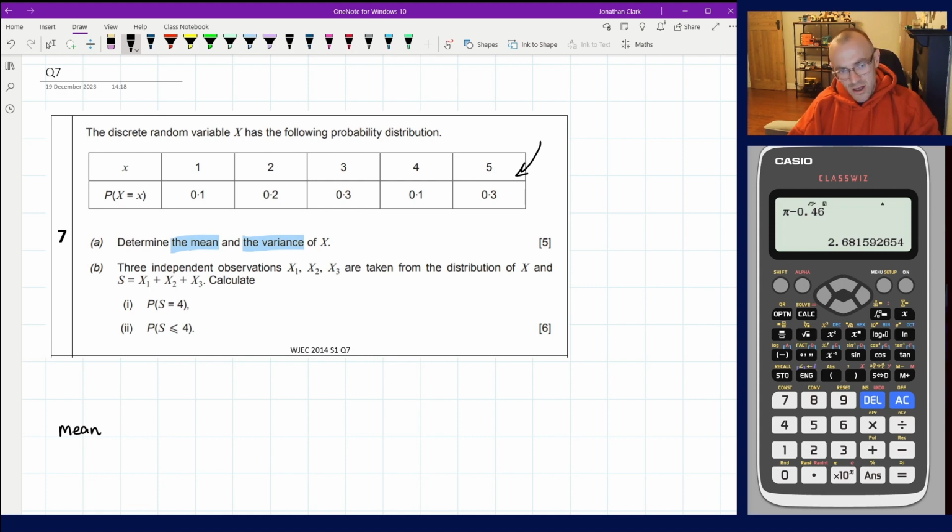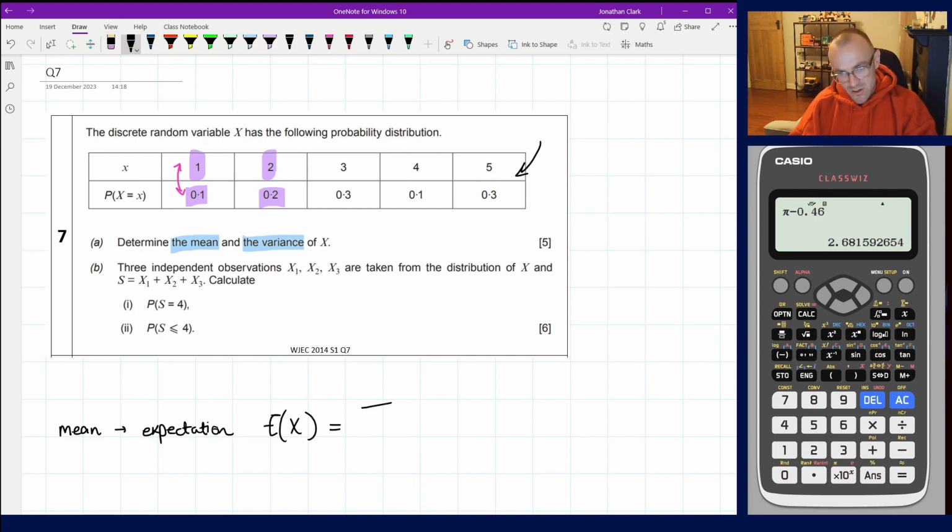So the mean, sometimes referred to as the expectation when we're talking about discrete random variables, can be calculated by multiplying all of the x values by their corresponding probabilities. So 1 times 0.1, 2 times 0.2, so on, and then we're going to add all of those results.